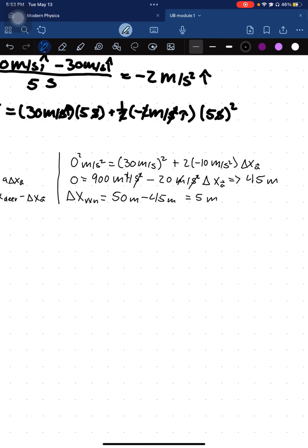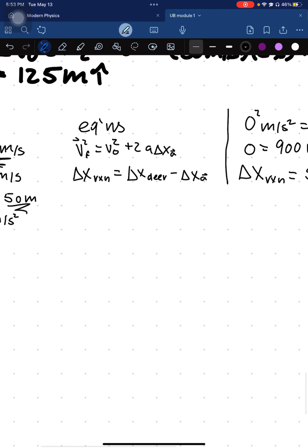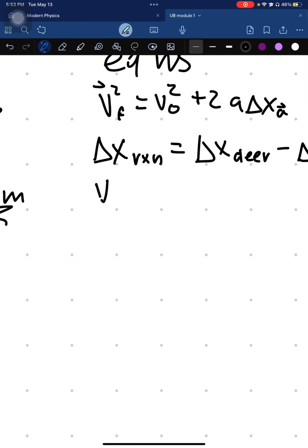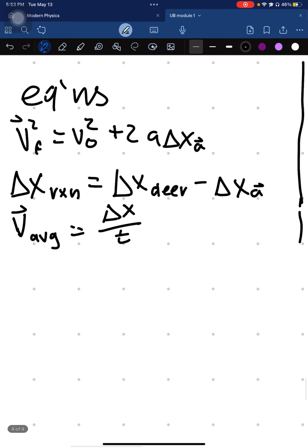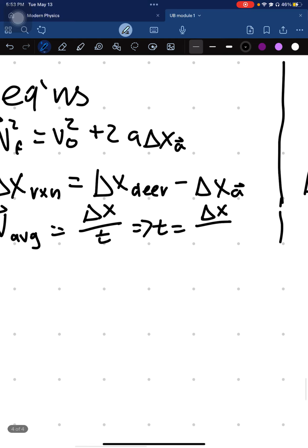Okay, and in this 5 meters of reaction time, you are traveling at a constant velocity, so you can use your easy velocity, constant velocity equation. We know that velocity, I'm going to say average, is equal to delta x over t. This implies that t equals, sorry that my pencil is skipping, delta x over v average.